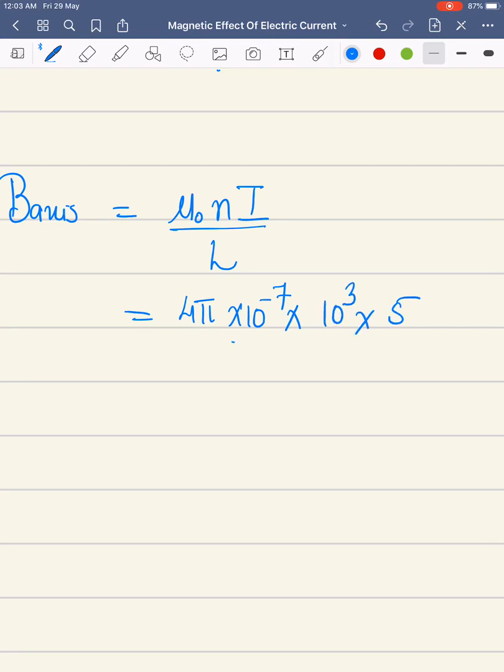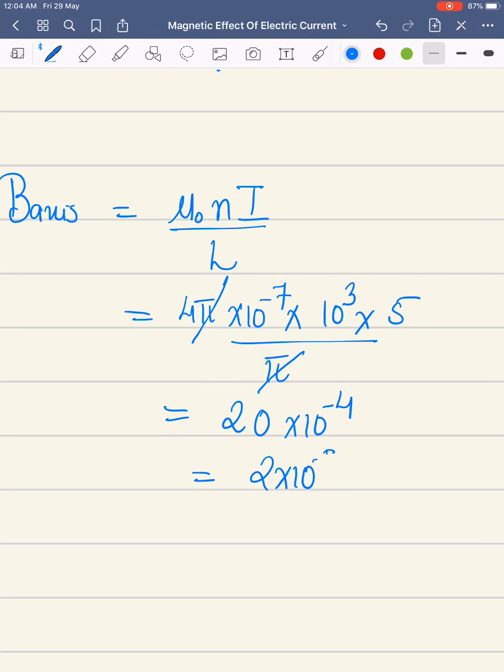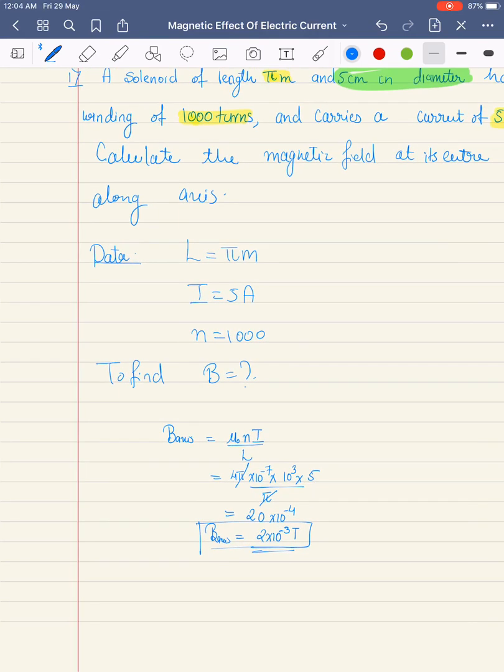Current is 5 ampere divided by length is pi meter. Pi gets cancelled. So you will get 5 4s are 20 into 10 raised to minus 4. So that is 2 into 10 raised to minus 3 Tesla. This is the magnetic field along the axis of a solenoid. Getting it clearly? Okay.